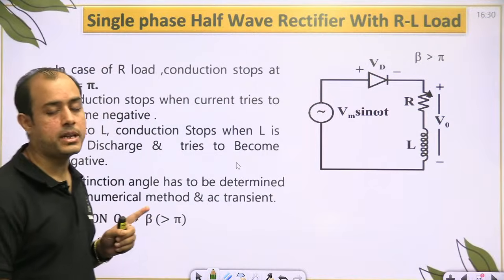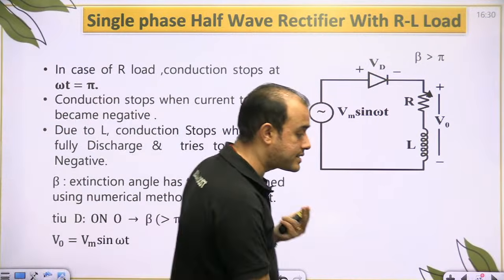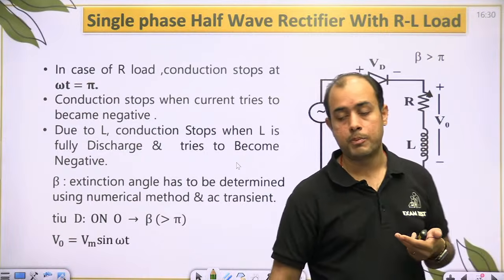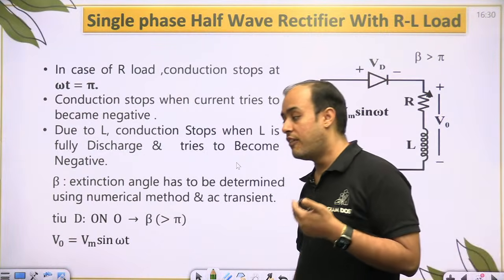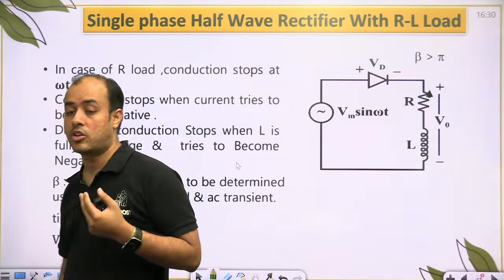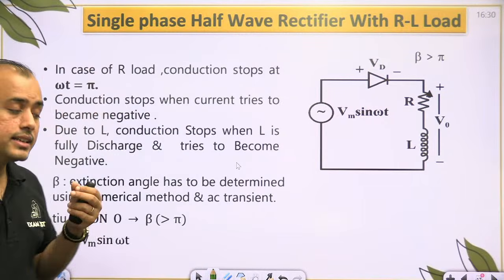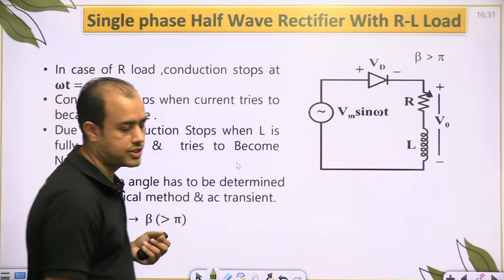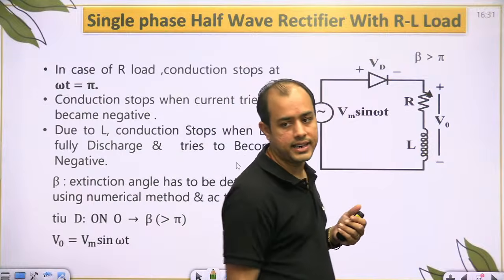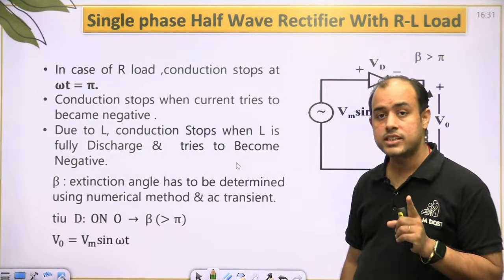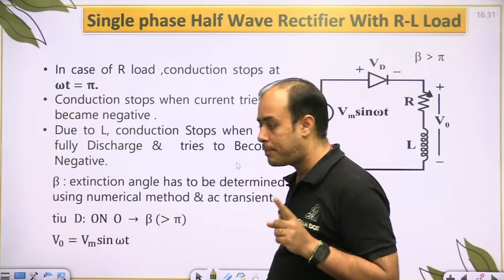Current और voltage pi पे रुकते नहीं हैं. They extend beyond pi. वो pi के आगे जाते हैं. Why do they go beyond pi? Because inductor takes time to discharge. Inductor को समय लगता है discharge होने में. So that is why conduction does not stop at pi.